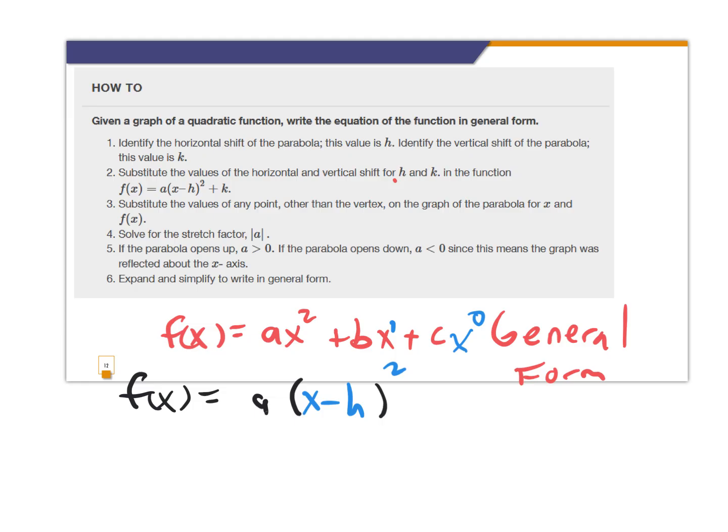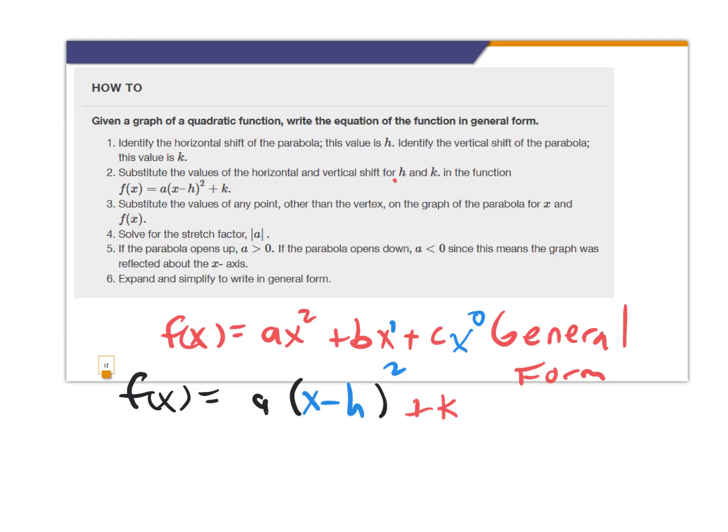And then outside of the squaring of the x minus h, we say plus k. Now k could be negative, and if k is negative, you would see minus k, and then we'd be moving the parabola down. If k is positive, plus a positive number would be moving your parabola up.